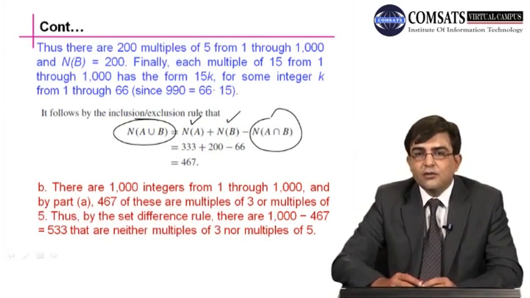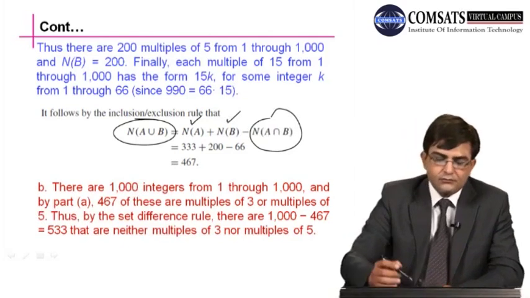We calculate the LCM of 5 and 3, which is 15, and now we calculate the integers which are multiples of 15.